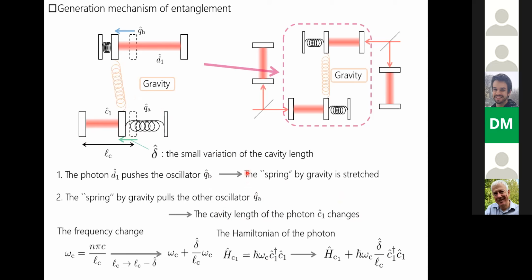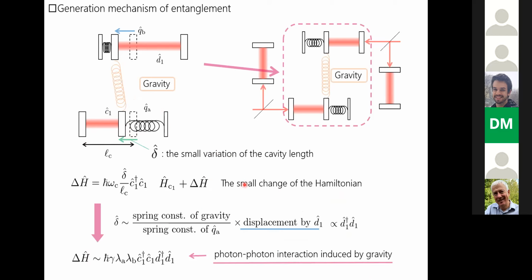With the small variation, the resonant frequency of the photon C1 changes, and the Hamiltonian of the photon C1 varies like this. The variation of the Hamiltonian delta H is given by the variation of the cavity length delta.